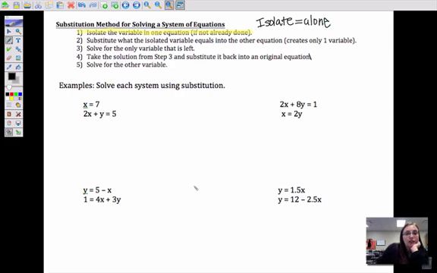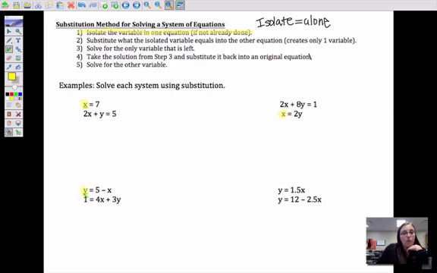When I look down here, I see several spots where there's a variable already isolated. For example, on this one, x already equals 7. This one, x equals 2y. We have an x isolated in one of the equations in both of these systems. In this system, 2x plus y equals 5, neither variable is isolated because on this one, the x and the y are on the same side, and on this one, the x and the y are on the same side.